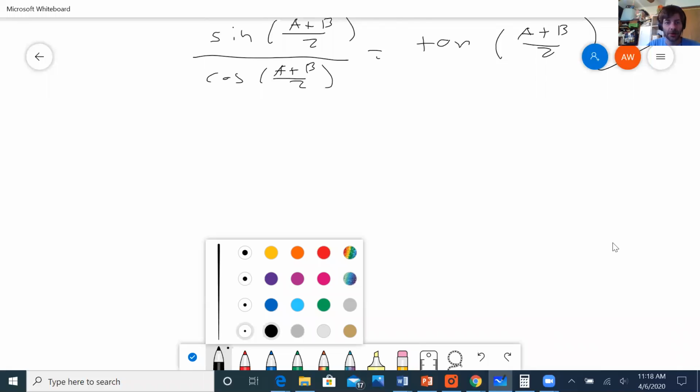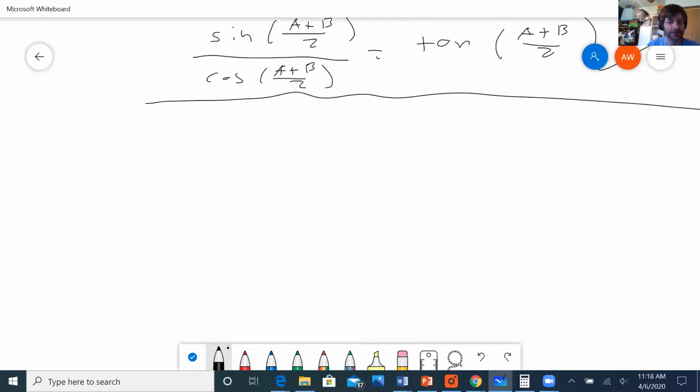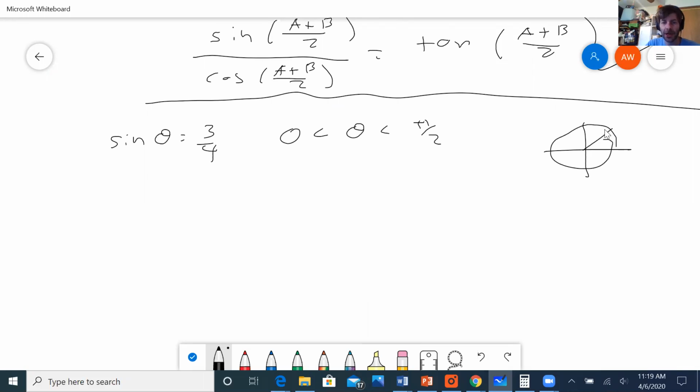Okay, so they tell me that sine of theta equals 3/4, and they tell me theta is between 0 and pi over 2. So that means it's over here in the first quadrant, which basically is telling me that my cosine of theta will be positive. That's why I'm interested in this.